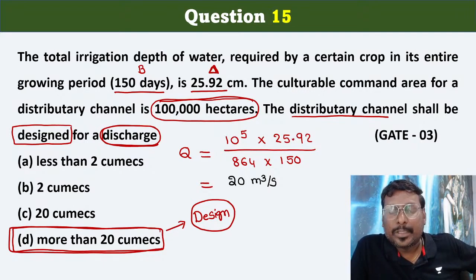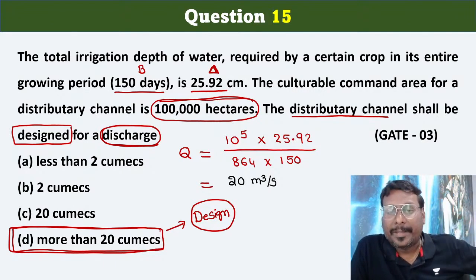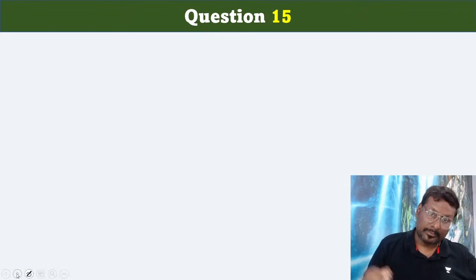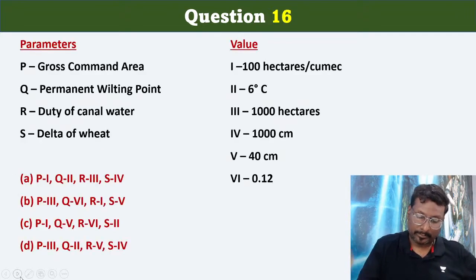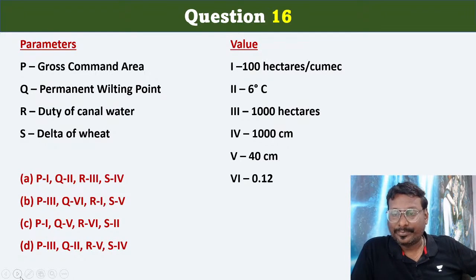Answer is option D. If you design for 20, it won't give 20. If you design for more than 20, you have to give 20. Good.